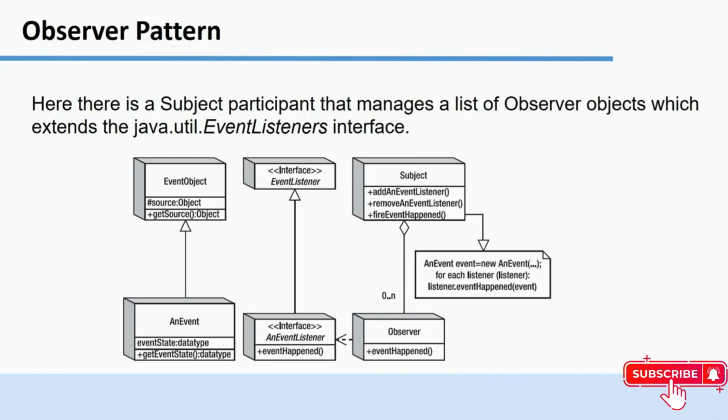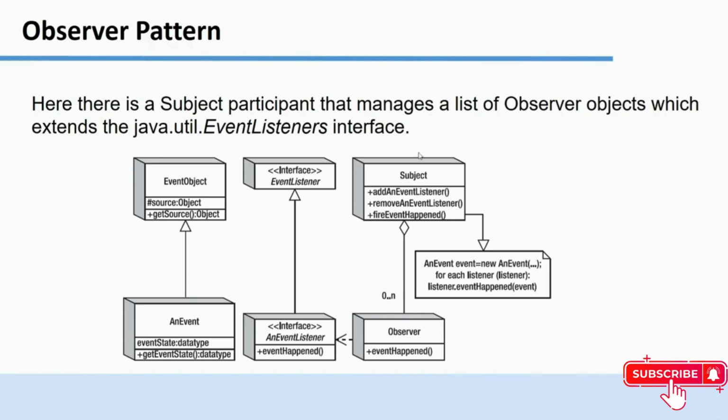The observer objects in the list must provide a specific interface through which the subject can notify them. When an event that the observer objects are interested in happens within the subject, all the observers are notified. You can see this from the graph.